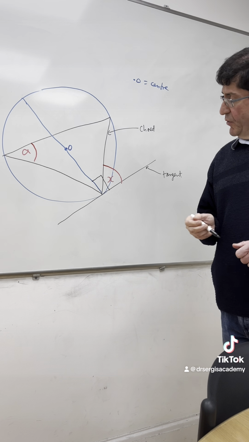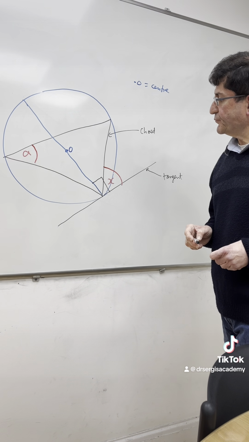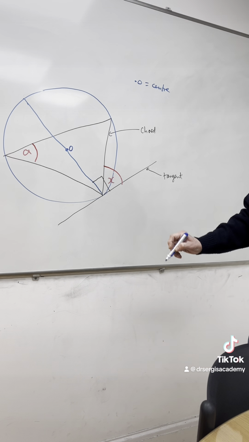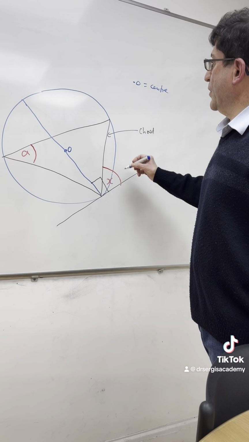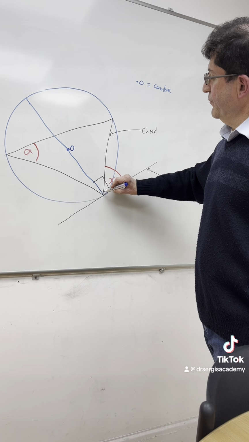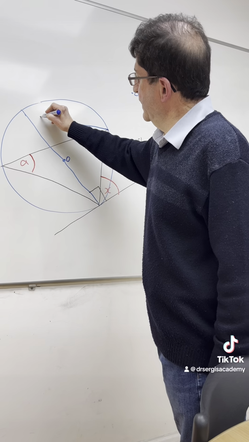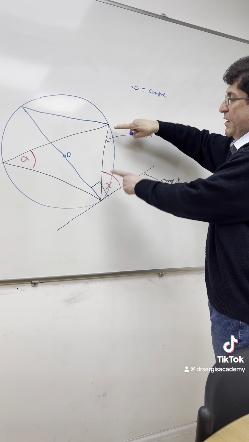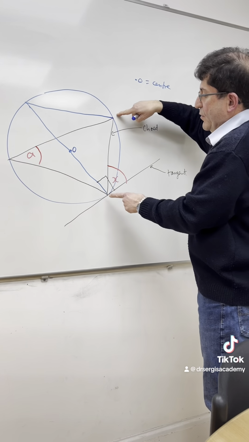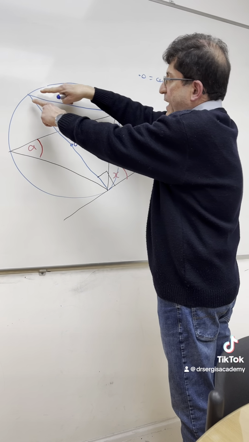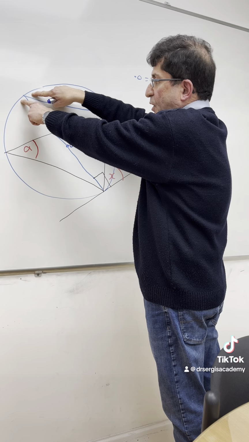Okay, so now if we look at this angle here, which is subtended by this chord, so this chord subtends another angle at this point of the circumference.